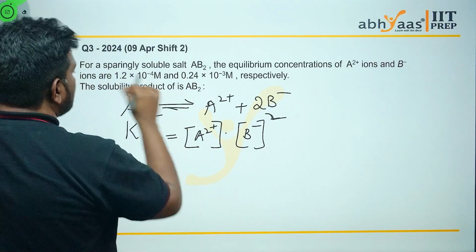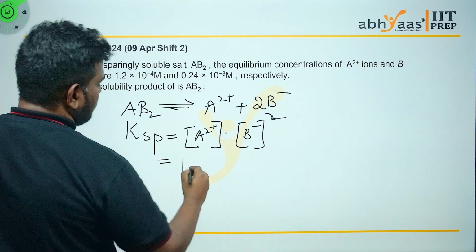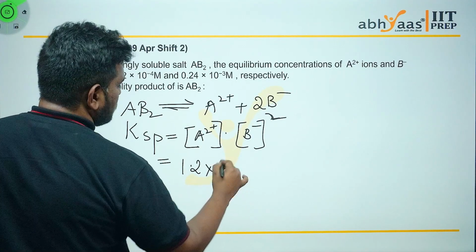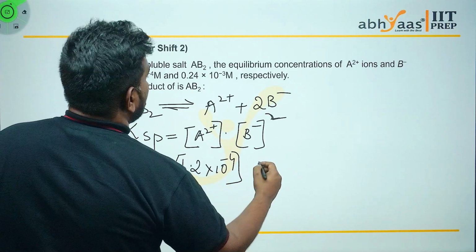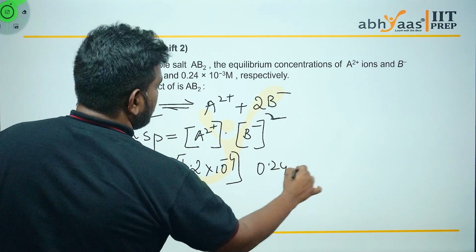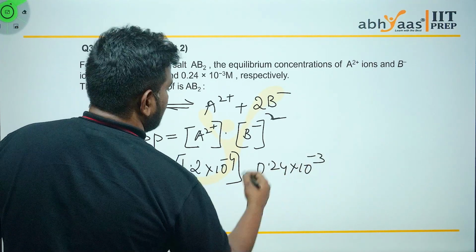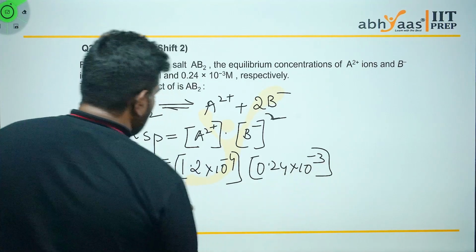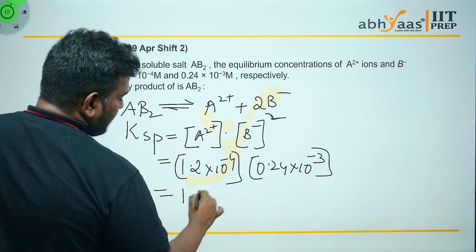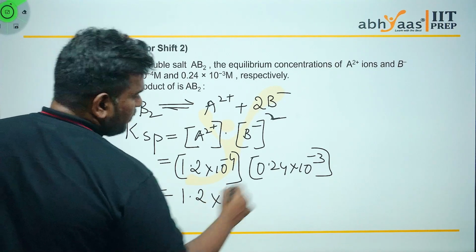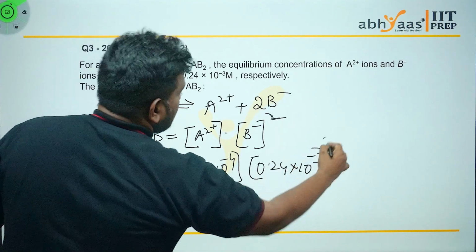Now we have to write the concentrations. What is that? 1.2 into 10 raised to minus 4. And here we have 0.24 into 10 raised to minus 3. Right. So what will be the answer here? 1.2 into 0.24, and it is whole raised to 2.